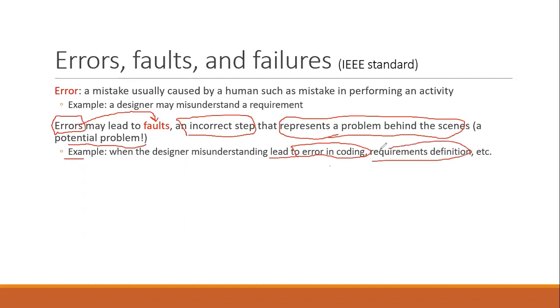The requirements definition has been misconfigured. For example, if you input two inputs, say 2 plus 3, and it gives you 6, this is a programming error. The output is not correct, right?